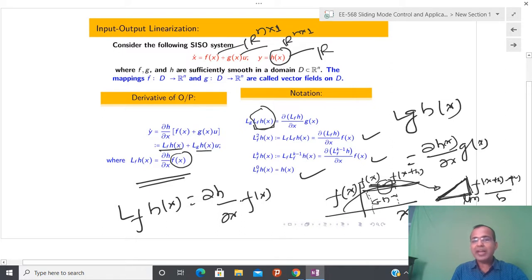Now what I have to do is calculate y dot. Y dot means again I am going to see the rate of change of this function, h dot x you can write.